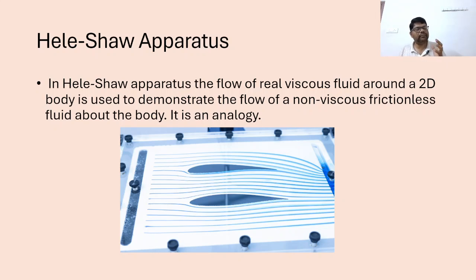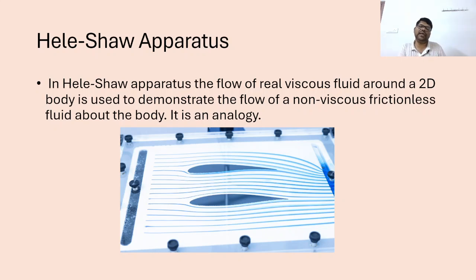So the flow pattern is observed for the viscous flow over the aerofoil. This flow behavior is used to demonstrate the flow of non-viscous frictionless fluid over the same aerofoil. So this is the analogy, right?